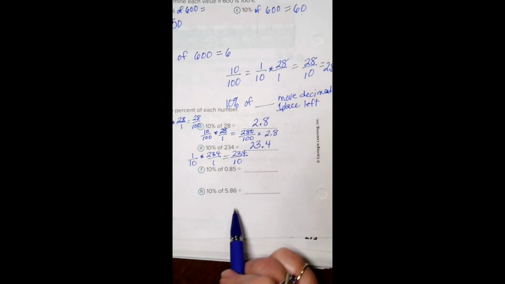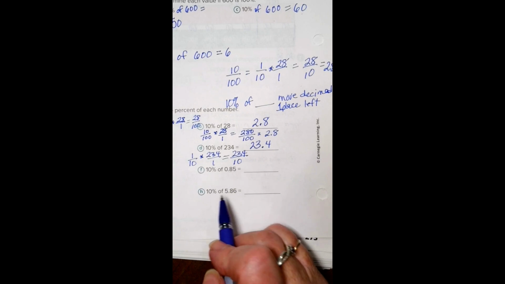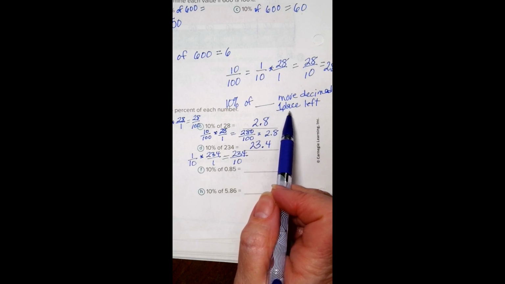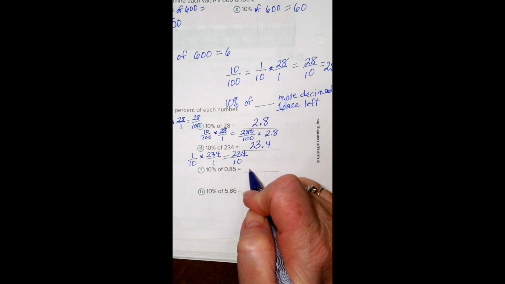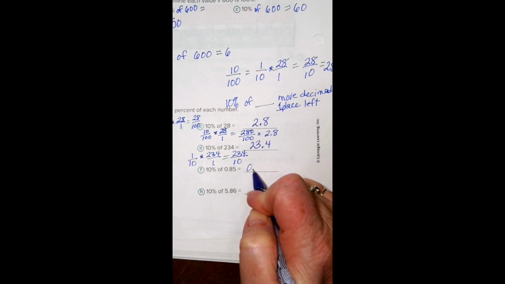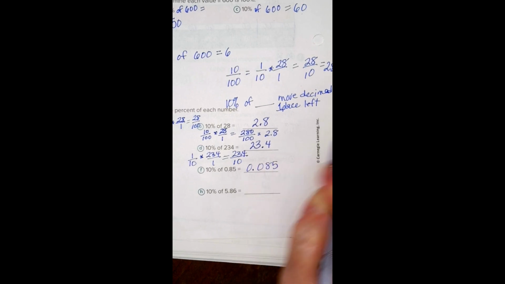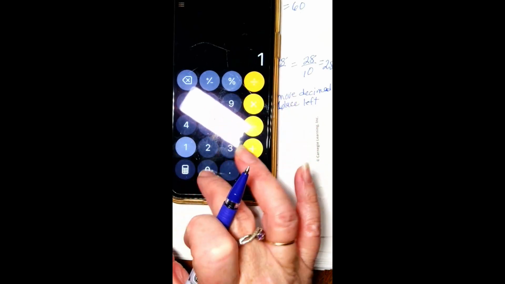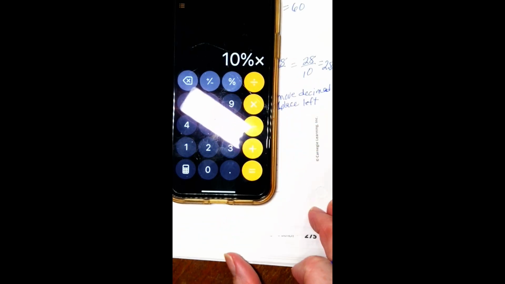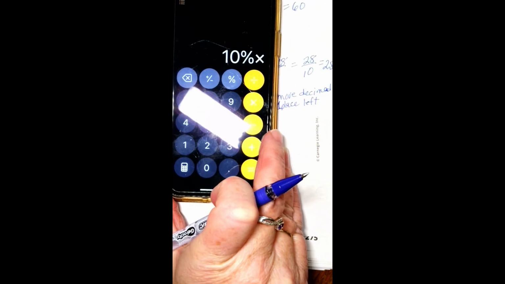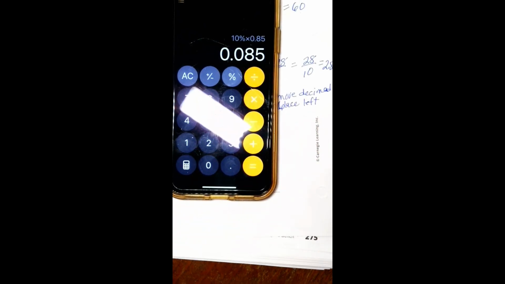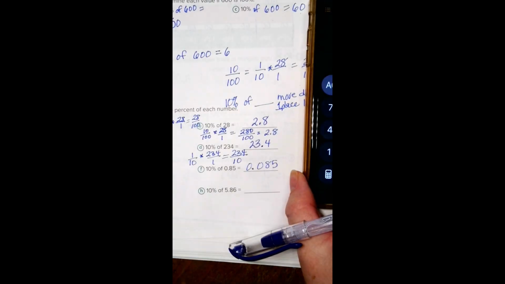So what about 10% of 85 hundredths? So we said you're going to move the decimal 1 place to the left. We should end up with 0.085. Let's just go right here. 10% of 0.85, 0.085.